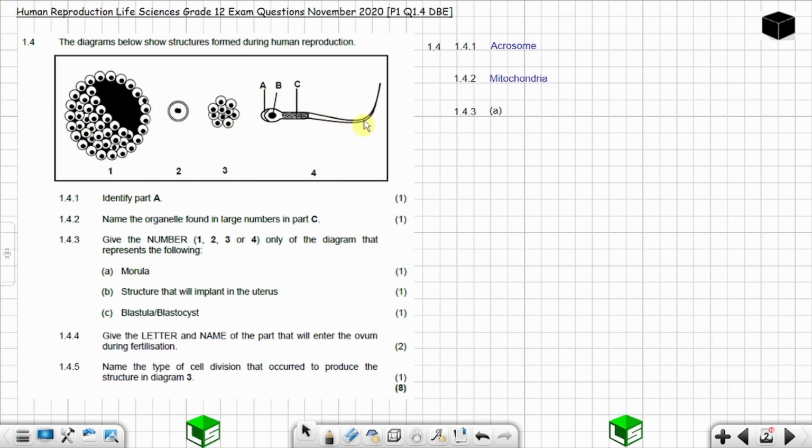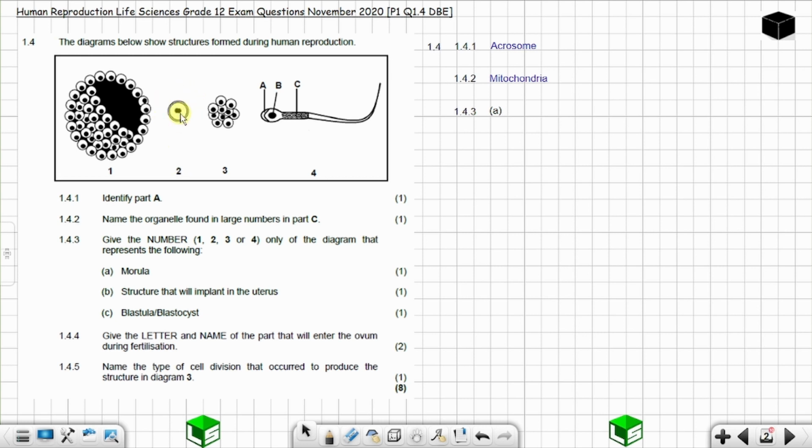Diagram 4 is a sperm cell, and diagram 1 is a blastocyst. It is a ball of cells having a cavity inside, so when you have a ball of cells with a cavity inside, you know this is a blastocyst or a blastula. In diagram 2 you have a zygote: the nucleus of the sperm cell and the nucleus of the ovum fuse and you get this.